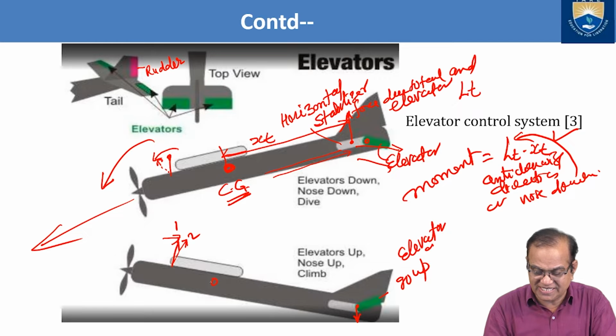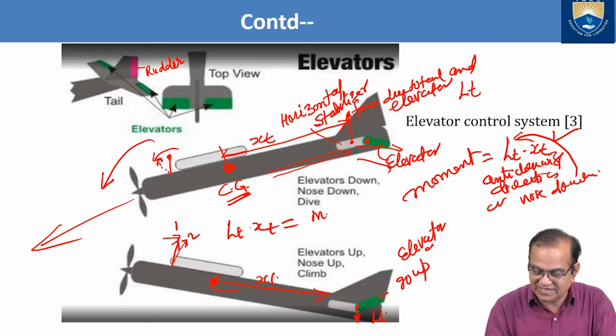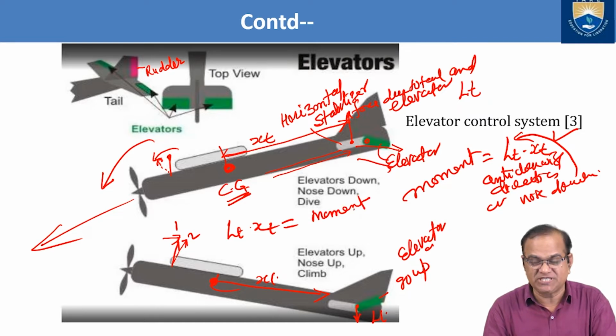So the CG is here. So what will happen? Lt into xt is equal to the moment. This moment is the pitching moment and the direction is clockwise.